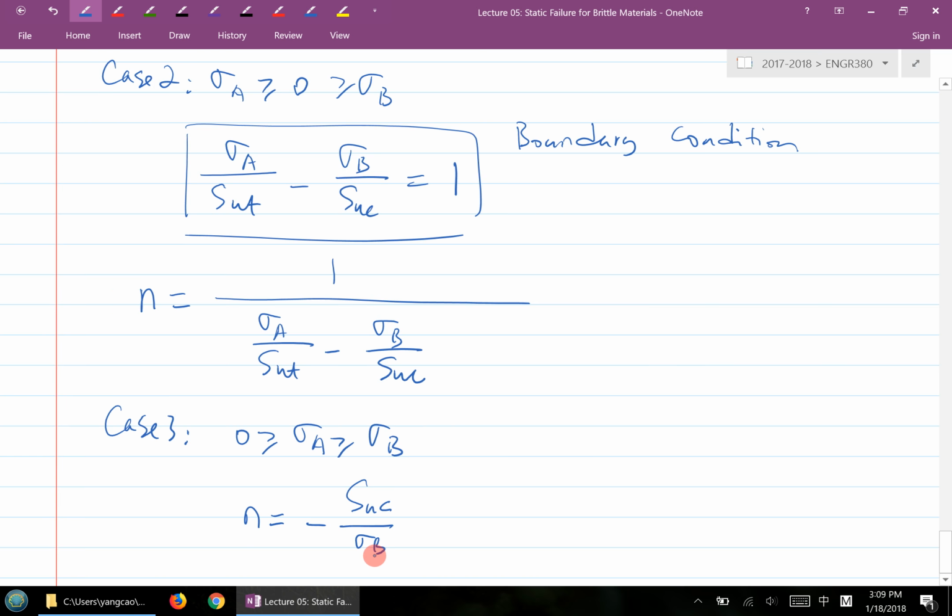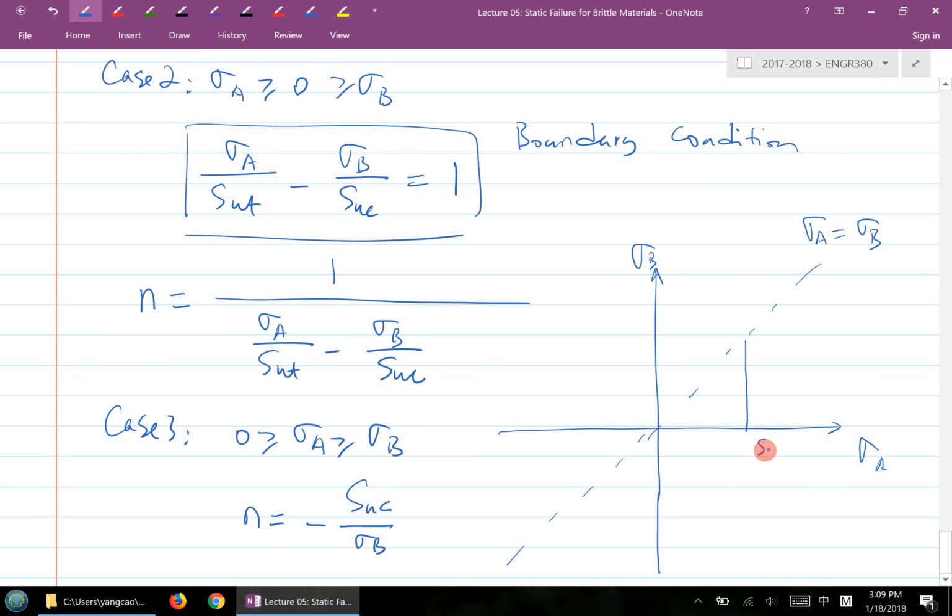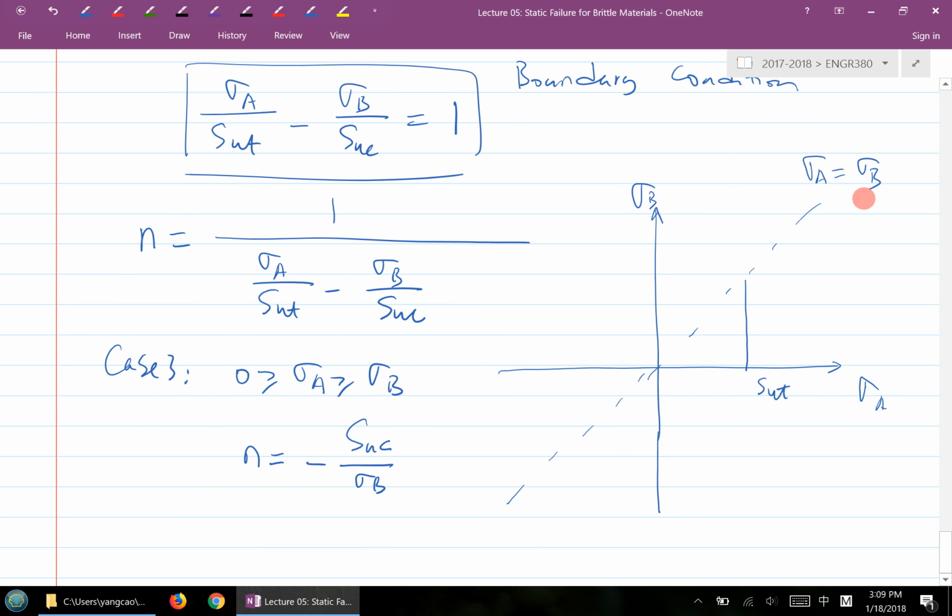So if I try to illustrate all 3 cases on a sigma A and sigma B plane, here is your sigma A equal to sigma B. In the first quadrant, there's no change; this is your SUT. In the third quadrant, there's also no change; this is negative SUC.